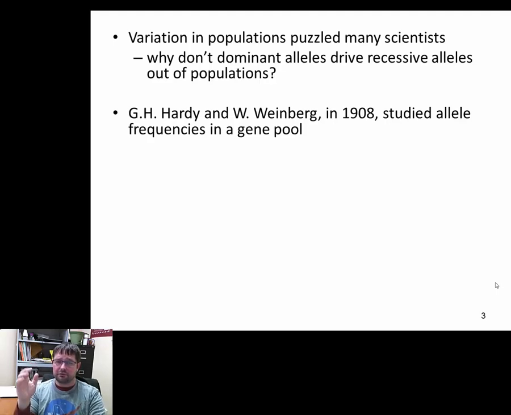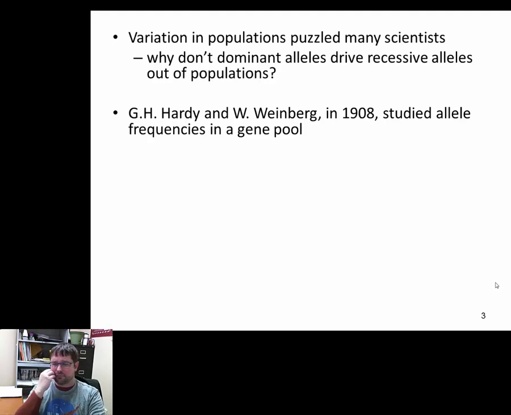But what Hardy and Weinberg knew was that there were such things as phenotypes. There are visual characteristics that you could examine in a population, whether it be eye color, hair color, whatever it might be, and you would see if those deviated from the original count.